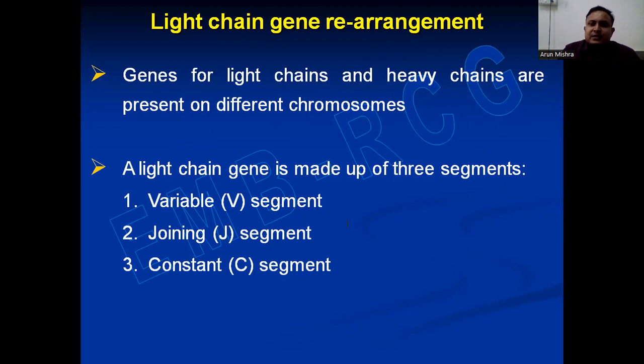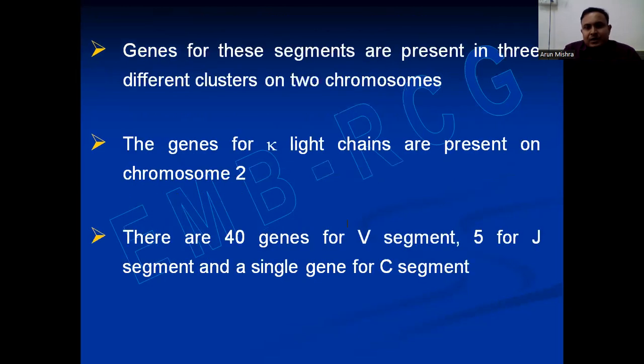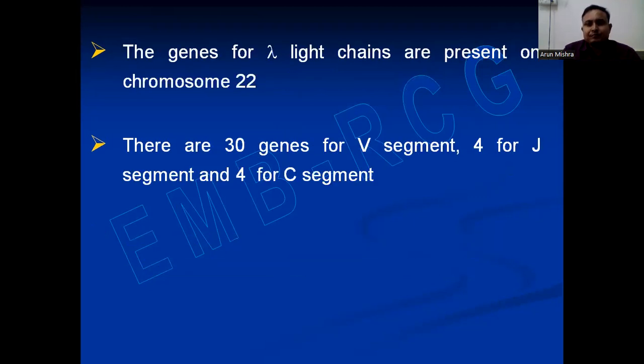A light chain gene is made up of three segments: variable, joining, and constant, known as V, J, and C segments, respectively. Genes for these segments are present in three different clusters of chromosomes. The genes for kappa light chains are present on chromosome 2. There are 40 genes for V segment, 5 for J segment, and a single gene for C segment.